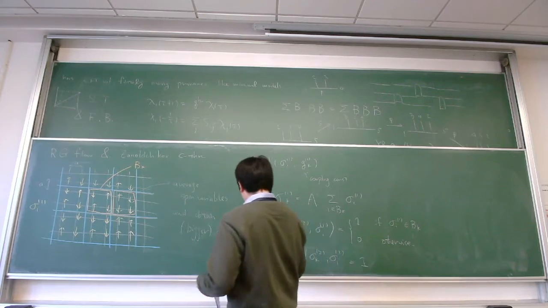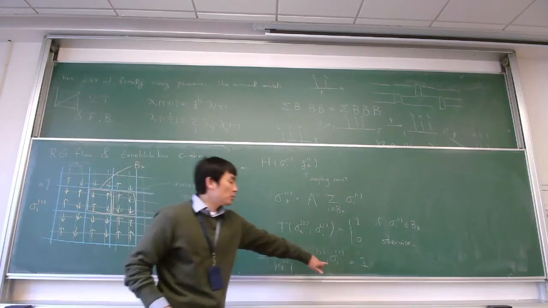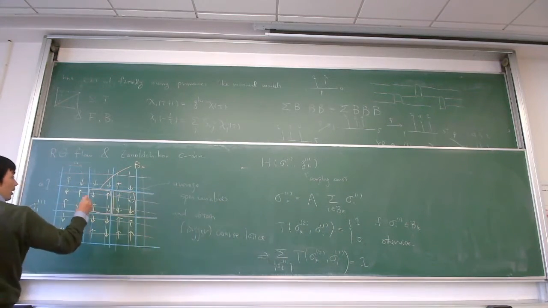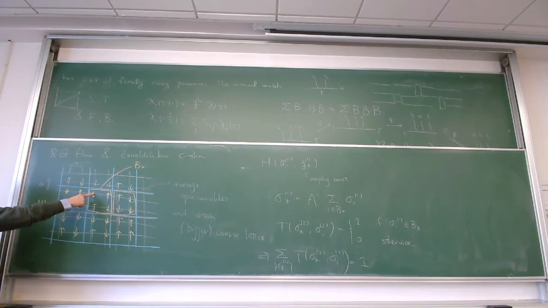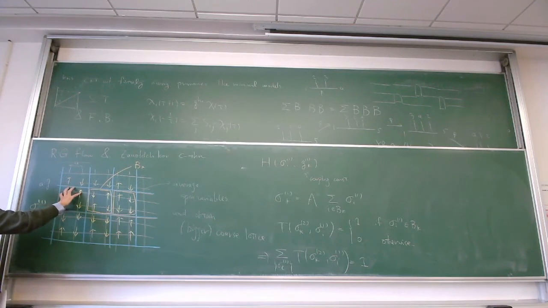Sigma i of 1 is some spin variable, and sigma k is essentially you just move the boxes, so you sum over all boxes. If the box is not here, T is of course 0.